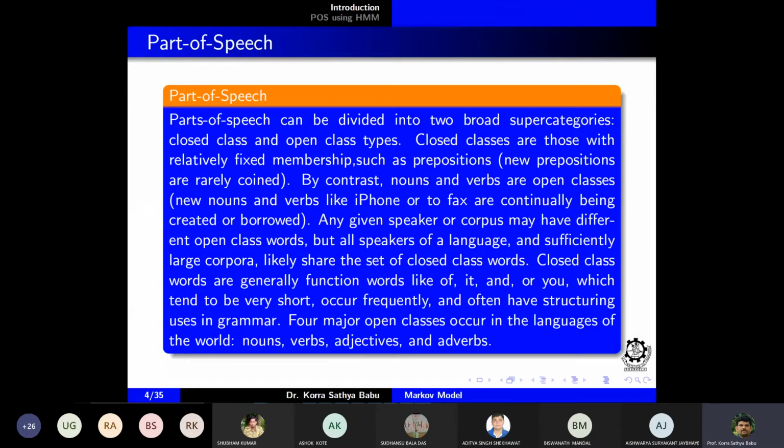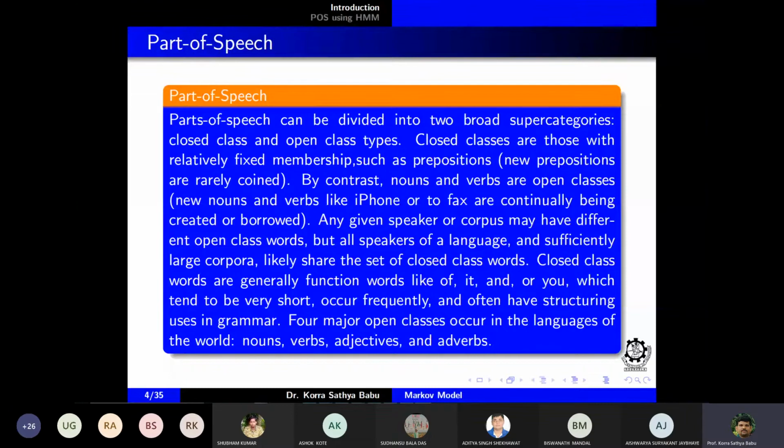And four major open classes that occur in the languages of the world are nouns, verbs, adjectives, and adverbs. These are mostly the open class categories. Other parts of speech are basically closed, but mostly four major open classes are nouns, verbs, adjectives, and adverbs. Now, for nouns, let us see about these open classes.